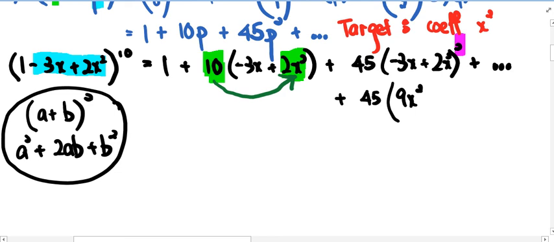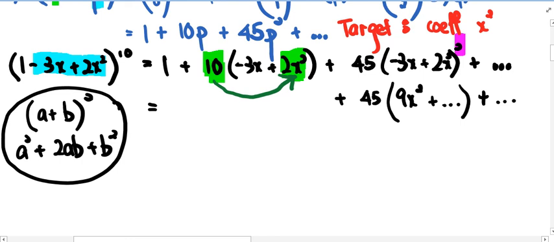Do you think by expanding the rest will give us an x squared? No. It will only give us an x cubed as well as an x to the power of 4. I don't want. No need to be so hardworking. I just want to solve the question. Notice what I'm doing, I only focus on what I want.